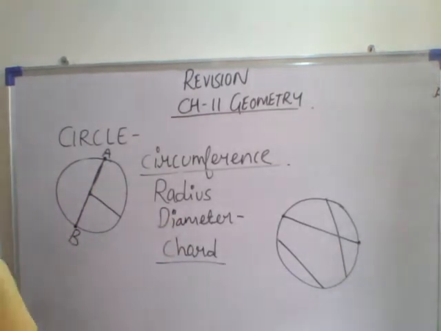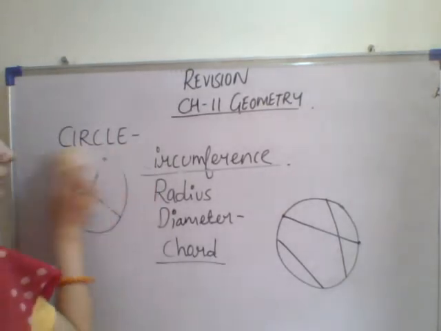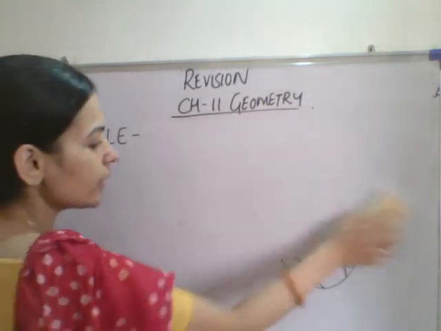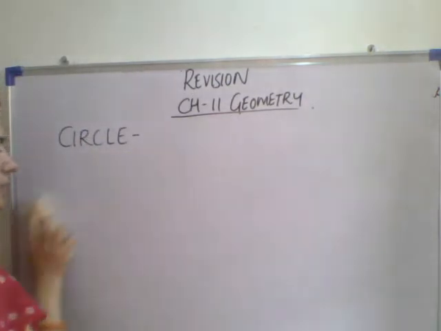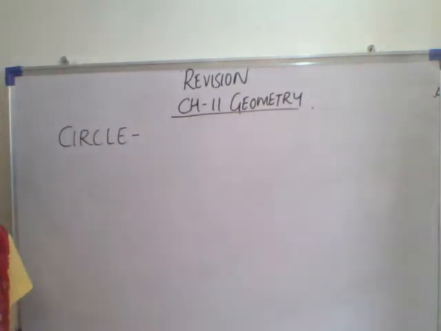Next is the interior and exterior of the circle. Interior means which is present inside the circle. Exterior means which is present outside the circle.